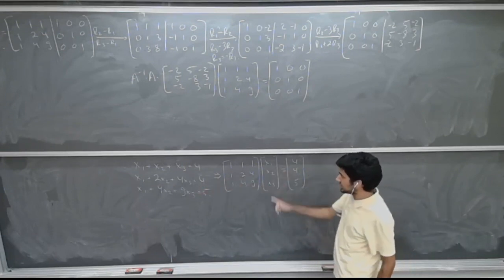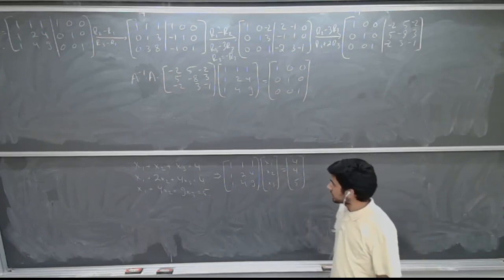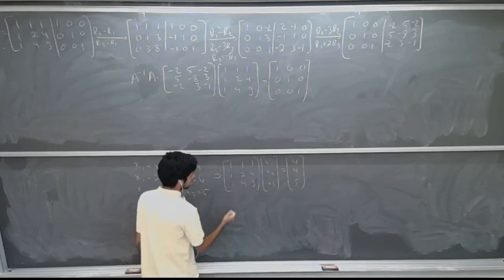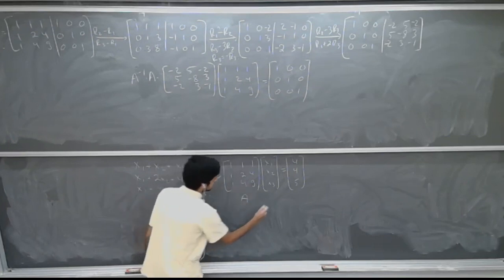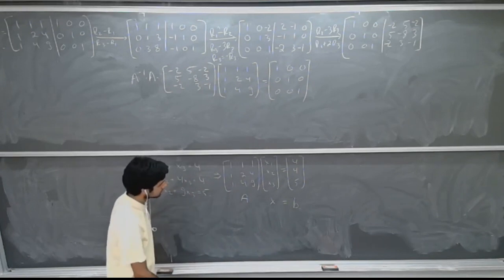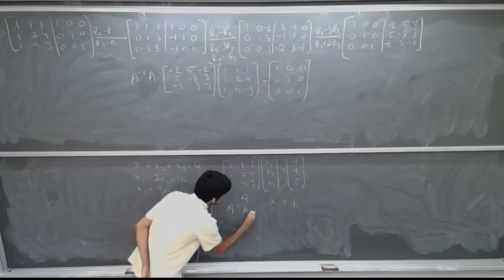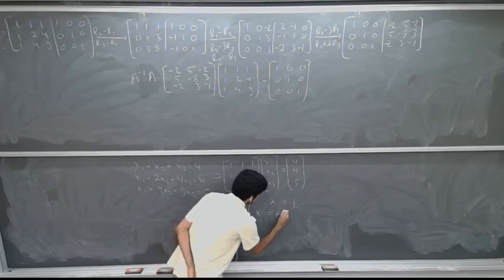And our goal is to compute this vector, x1, x2, x3. Well, the way we can do that is multiply on the left by A inverse. So let's call this matrix A. Let's call this X, and suppose this is B. Well, what I can do is multiply here by A inverse, and do the same thing on the right-hand side.